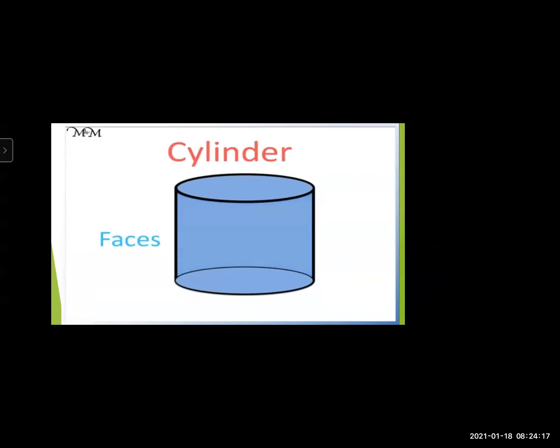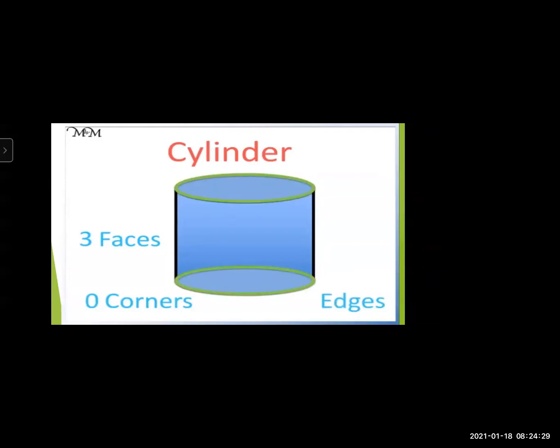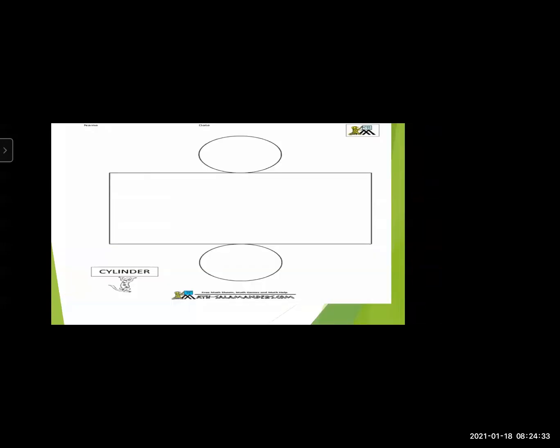Cylinder, faces. See, we got 3 faces, 0 corners, 2 edges. Now here is the net of the cylinder. Here we can easily understand there are 2 circles and 1 curved surface face.